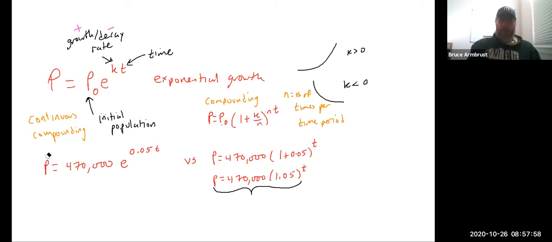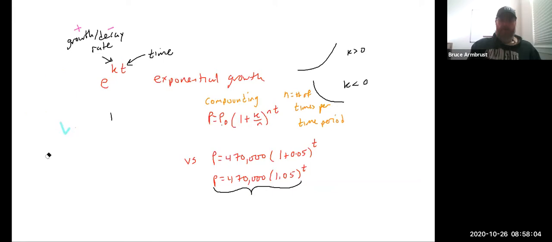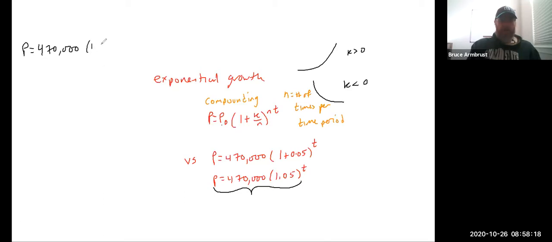Let me just kill this real quick, and this is where we'll do our derivative. All right, so here's what we got. We got P equals 470,000 times 1.05 to the T. So let's differentiate it, right?